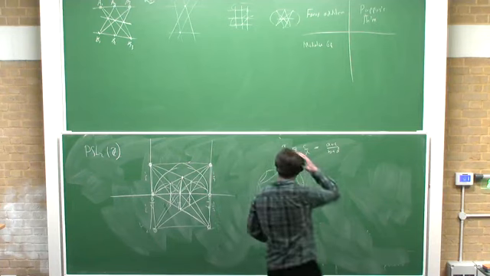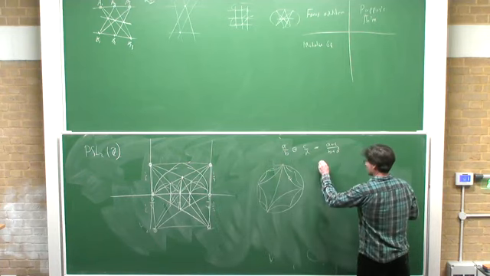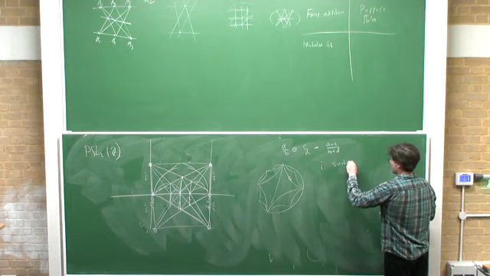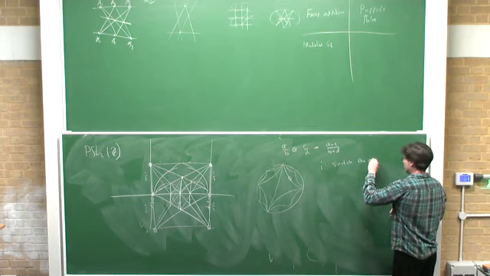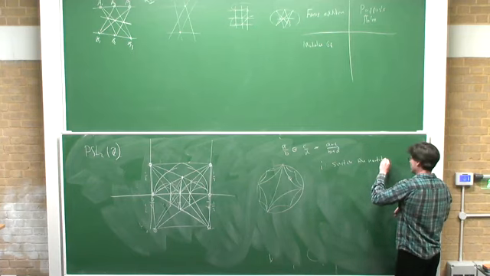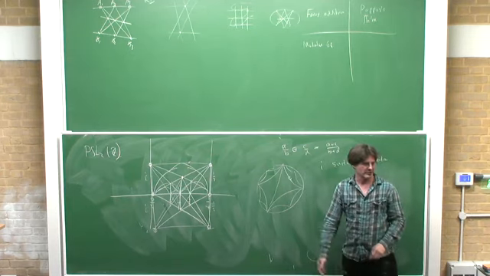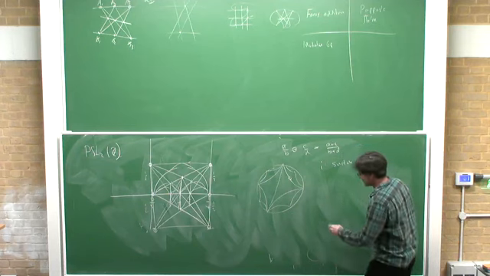So firstly, there's an element I, and it just switches the orientation. Given any oriented edge, you switch the orientation. What's T?